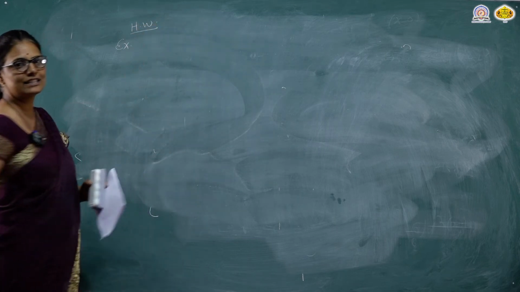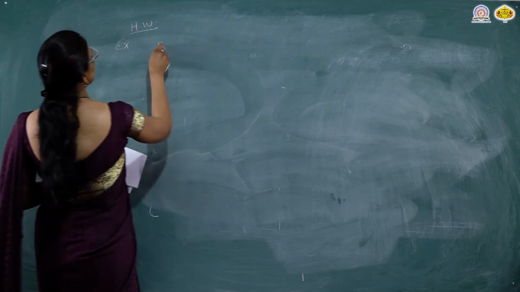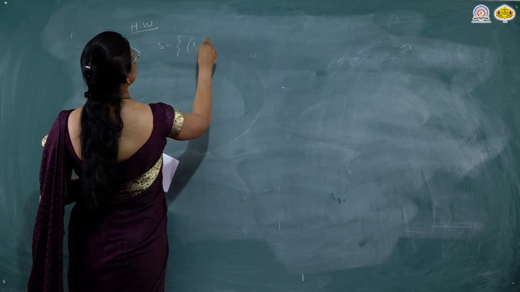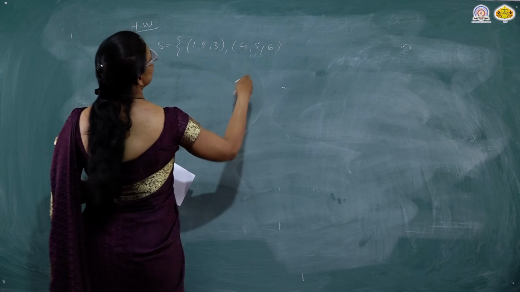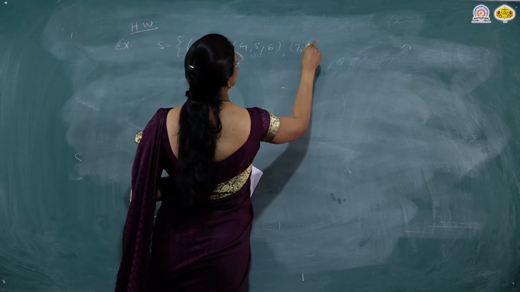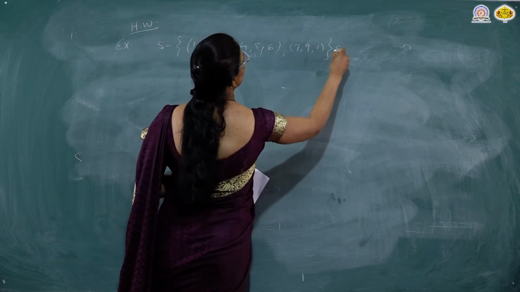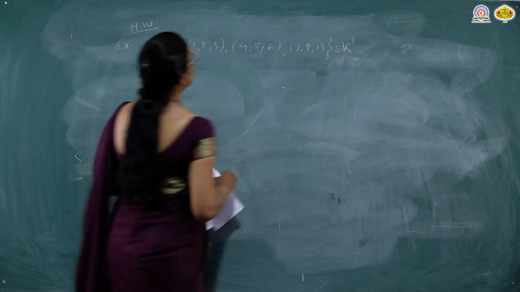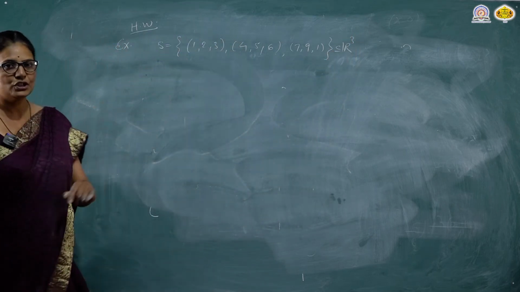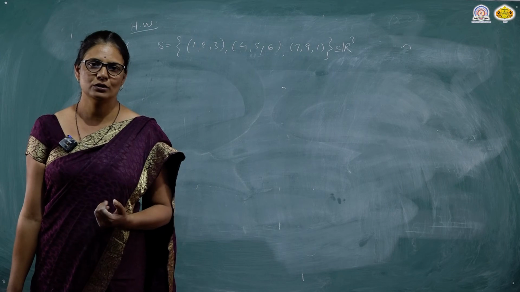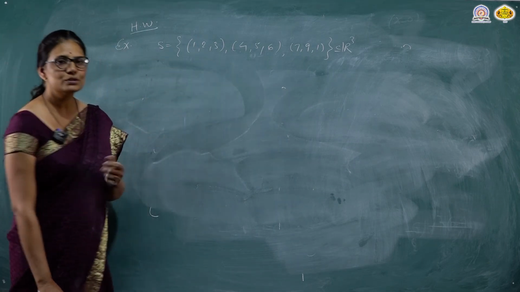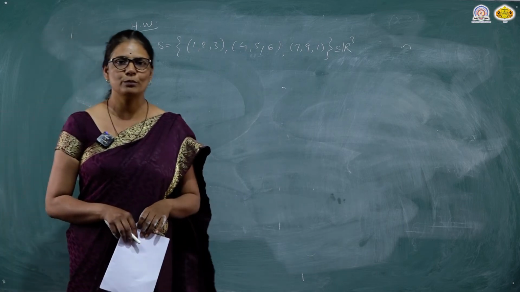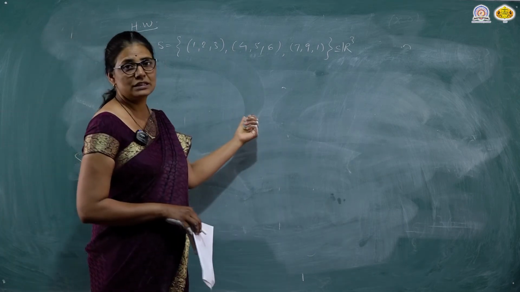Take one example as homework and check whether the set, this is a set of R3, is linearly independent or not. This is a very important topic of linear algebra.